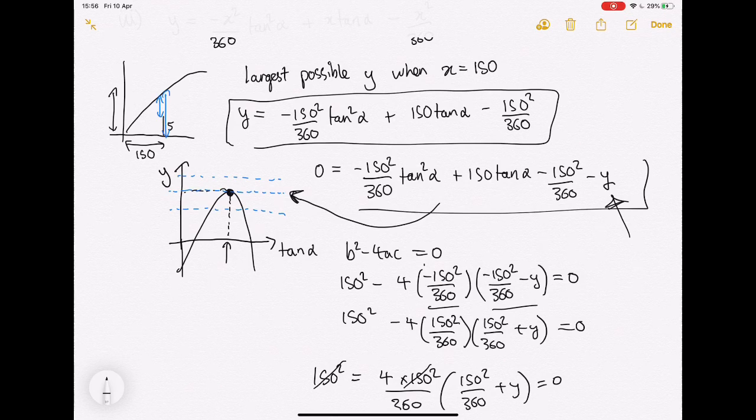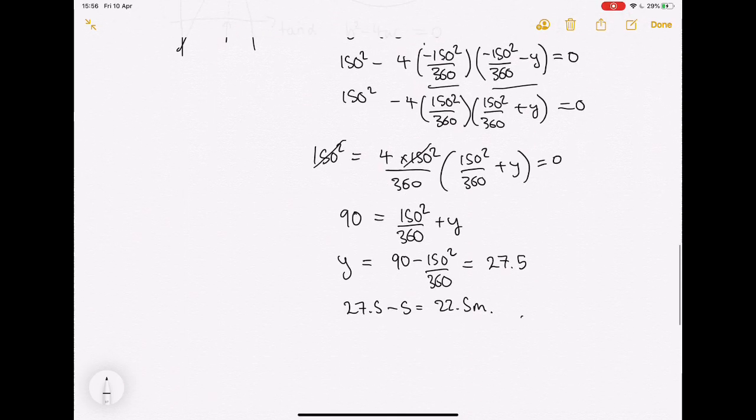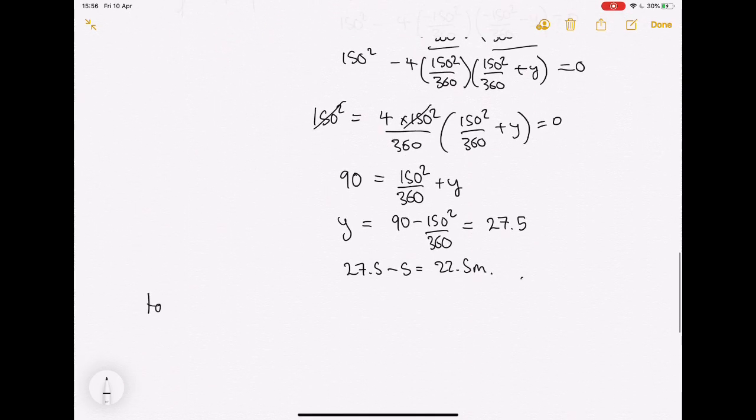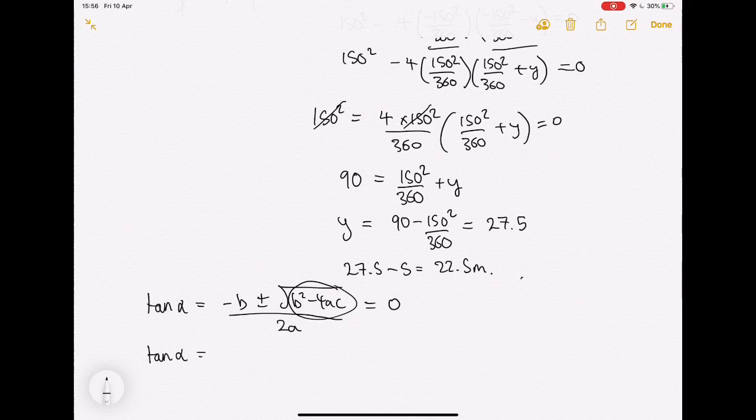Well, we know that tan alpha is equal to minus b plus or minus the square root of b squared minus 4ac, all over 2a, by the quadratic formula. But we know that b squared minus 4ac in this particular situation is equal to 0. So in this particular situation, tan alpha is just equal to minus b over 2a.